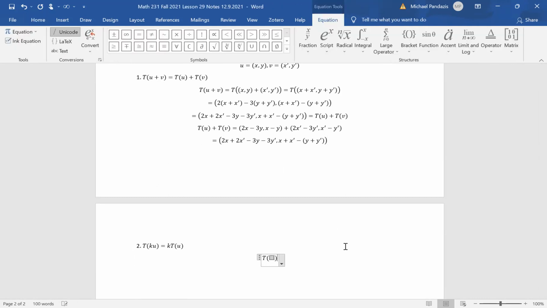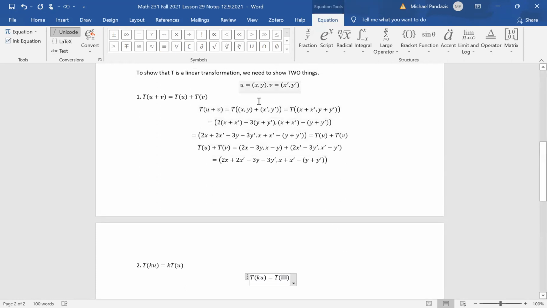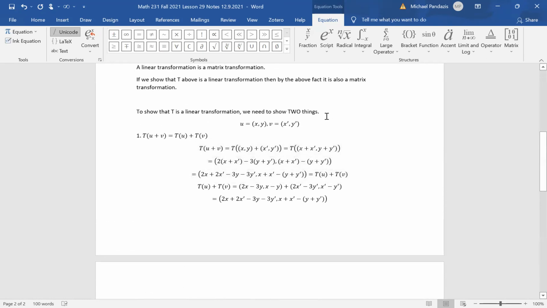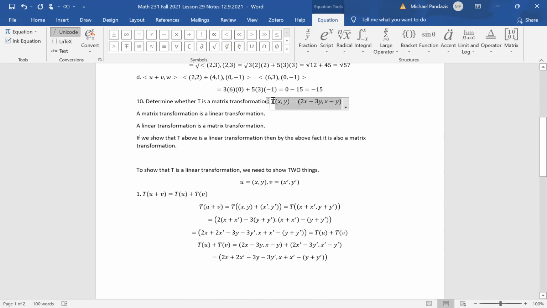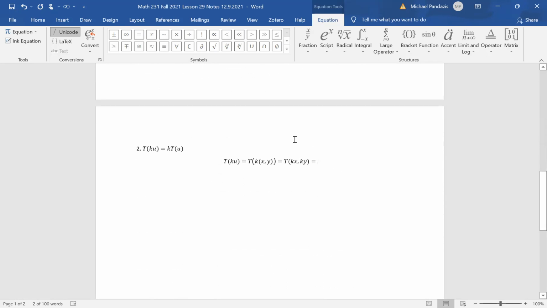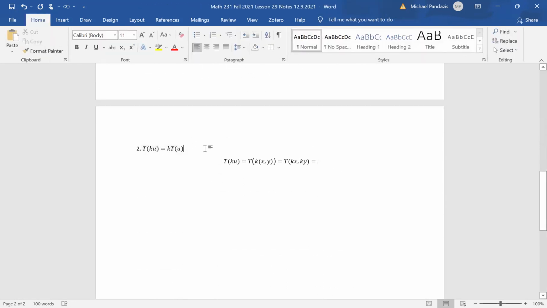Well, T of ku is equal to T of k times what u is. u is x comma y. So this is k times x comma y. And so this is equal to T of kx comma ky. And this is equal to, so T is defined to be the map. I'm going to remind us what T is by copying it and pasting it here.